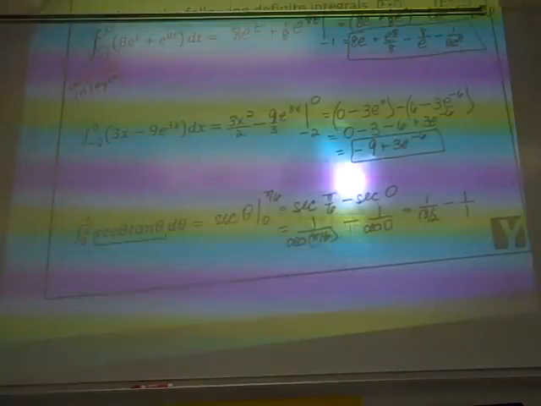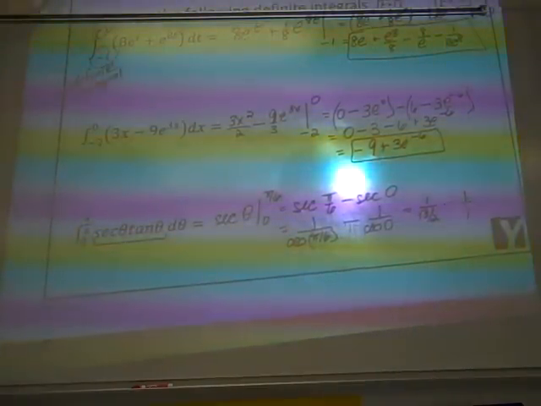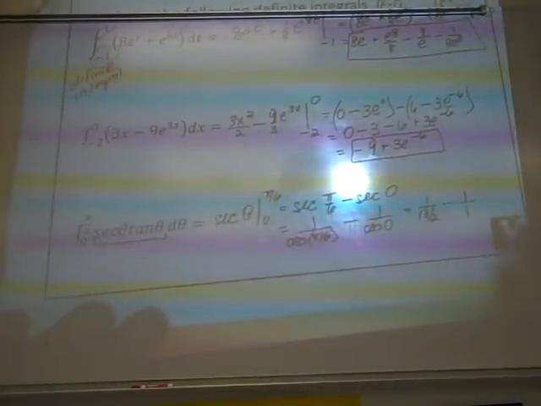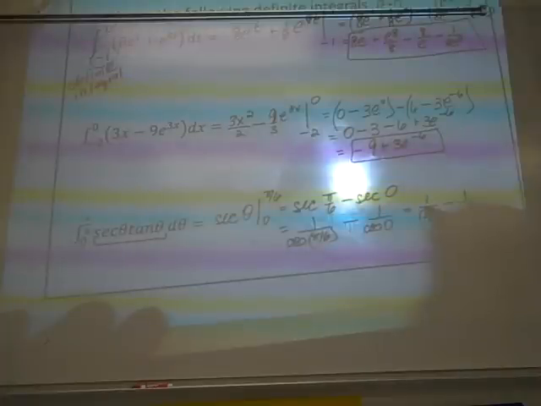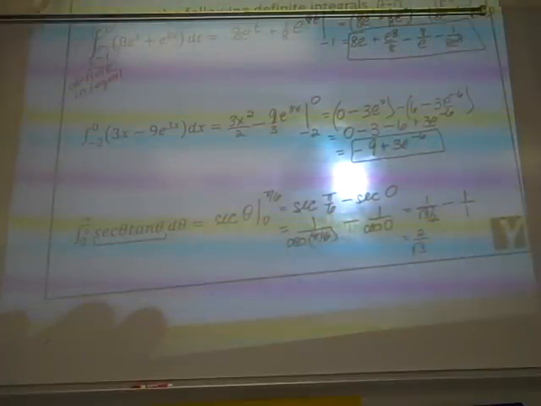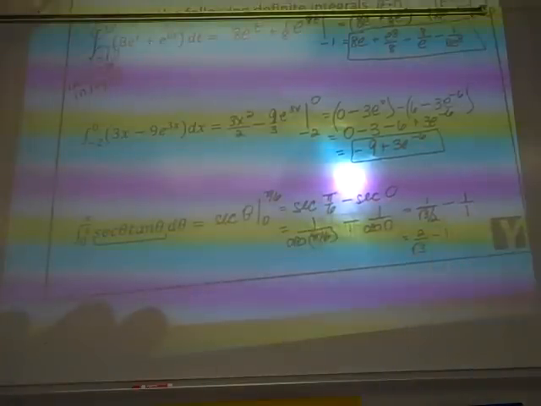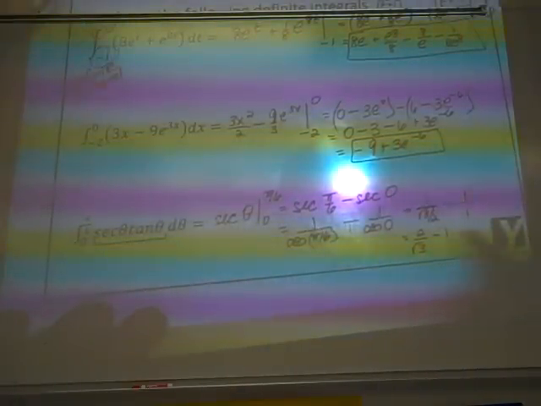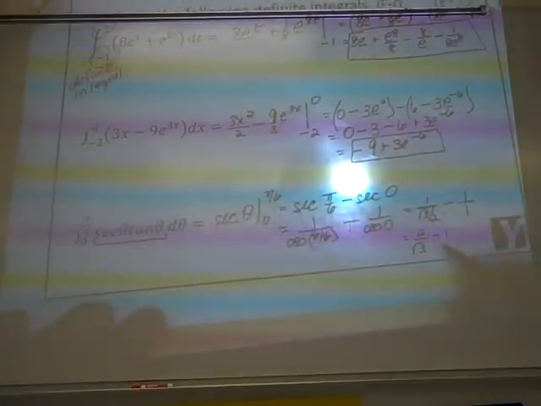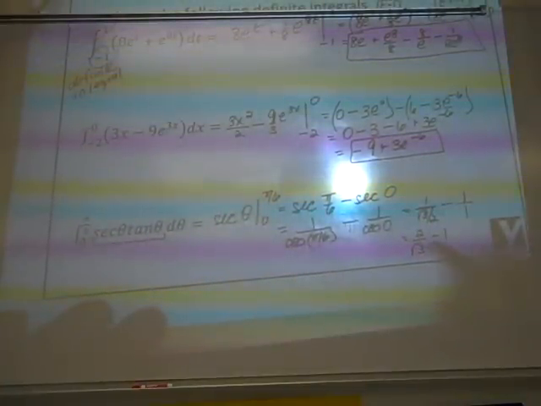If this was the free response part of the AP exam, we could stop. But let's go further. Let's push ourselves here. 1 divided by square root of 3 over 2. That's when we do the keep it, change it, flip it, and we get 2 over the square root of 3 minus 1. If you don't like having a radical in the denominator, which in calculus is fine, but in algebra we tell you not to do that.